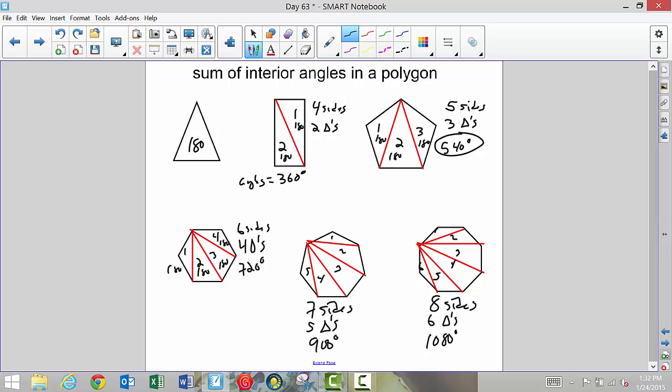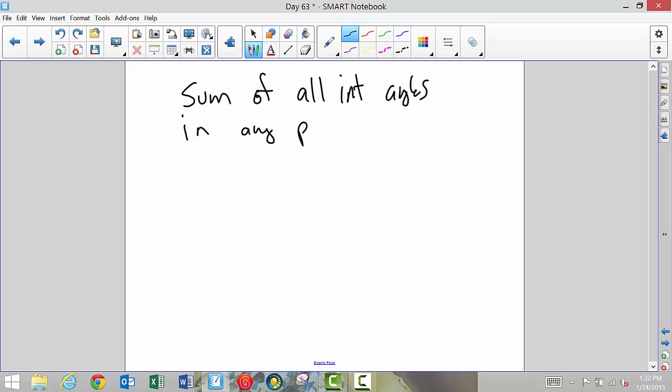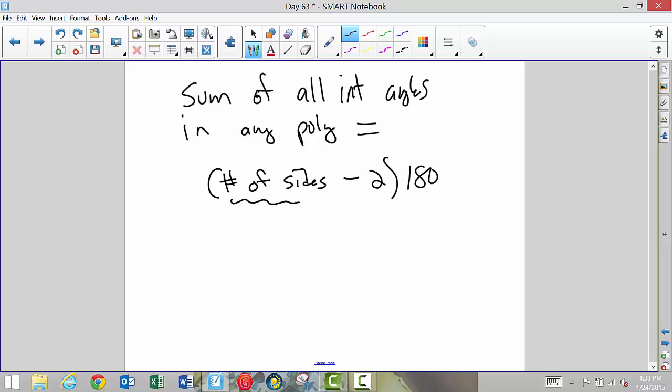So to sum it up, the sum of all interior angles in any polygon is equal to the number of sides minus 2 times 180, where number of sides is really n.